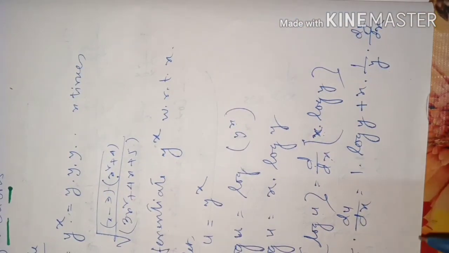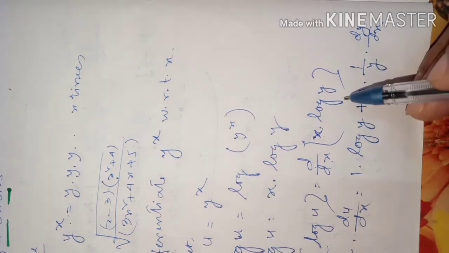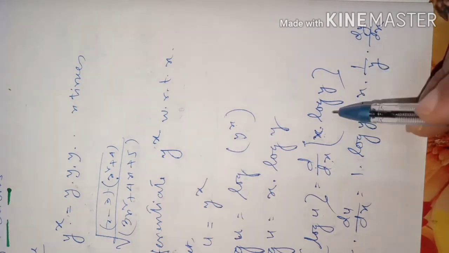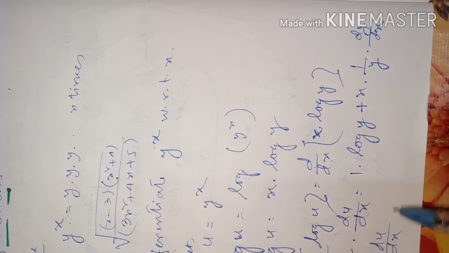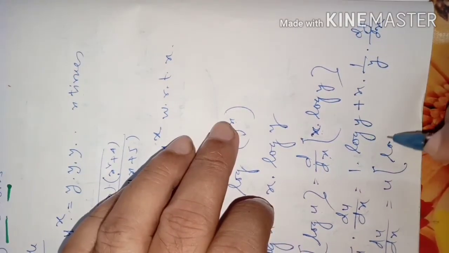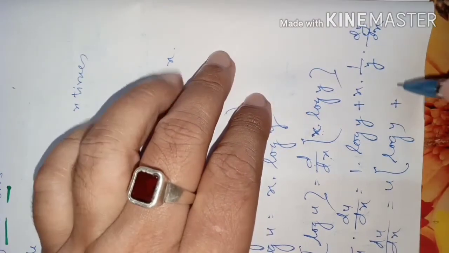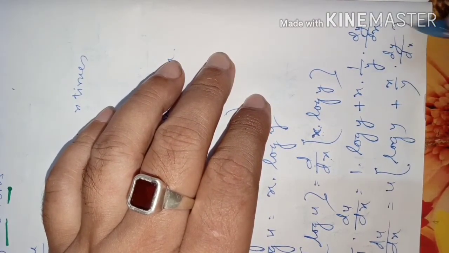So now we are getting like this, du by dx. Here we are finding the derivative of this log y. Now see, du by dx is equal to u into log y plus x by y into dy by dx.